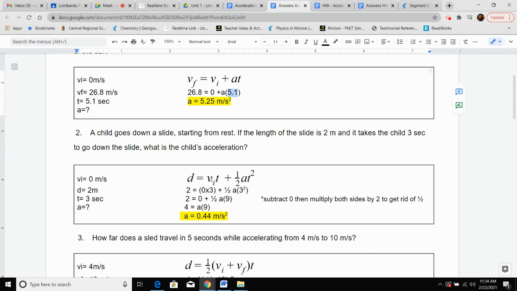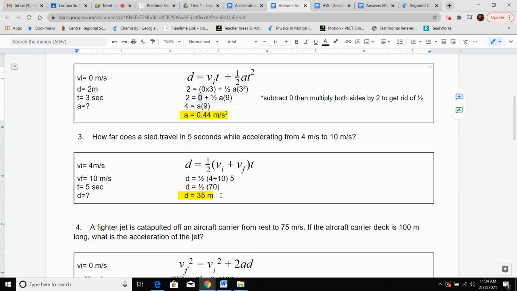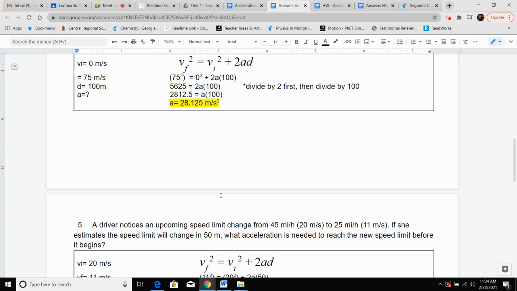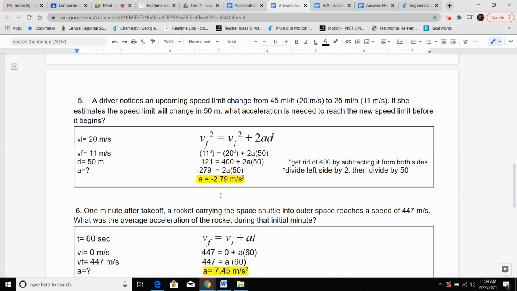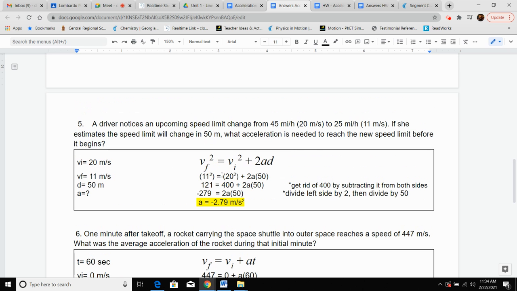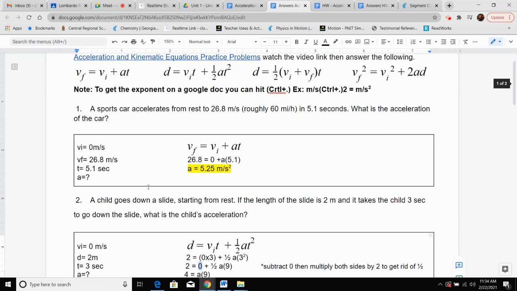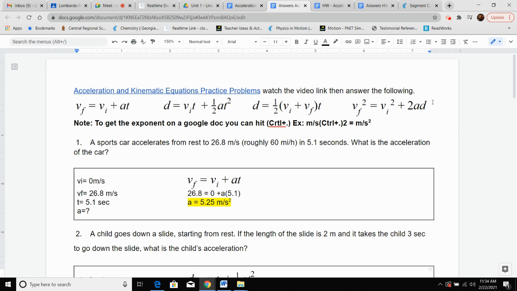In this distance equation, if you have a VI of 0, then it's going to be 0 when you start working through it. If it's not 0, you subtract it from both sides, which is what we see in something similar in number 5 over here. We were given a VI, VF, D, and A. The only one that had that was this guy up top here.